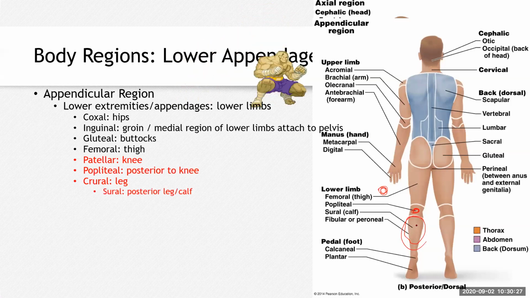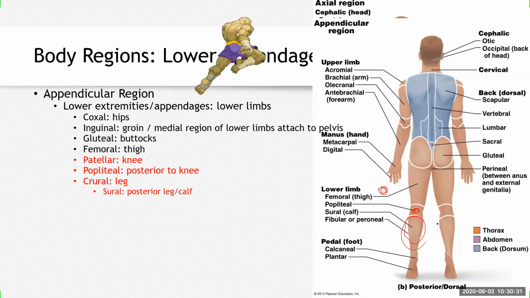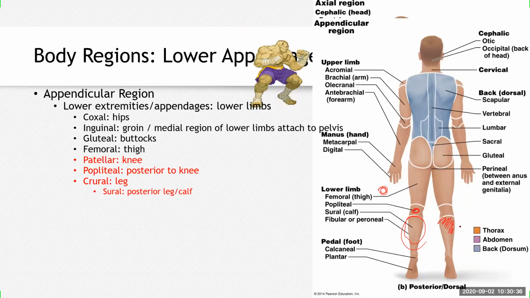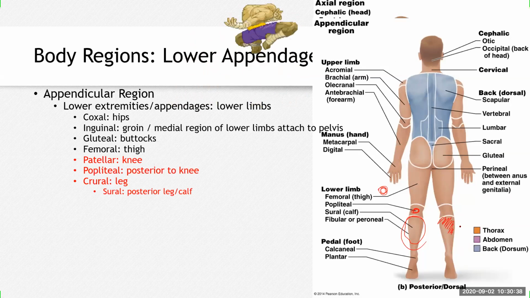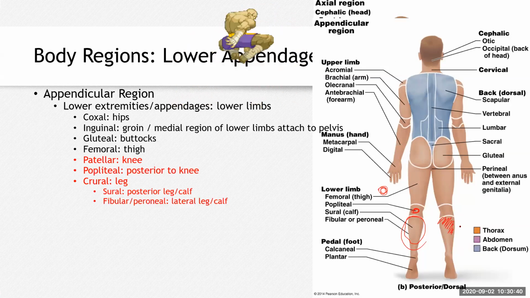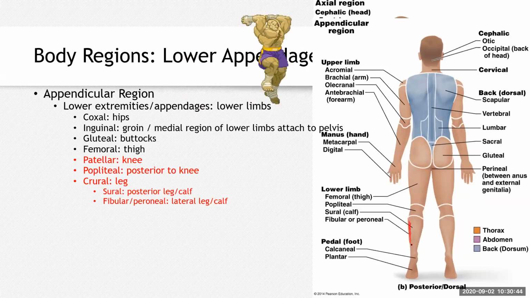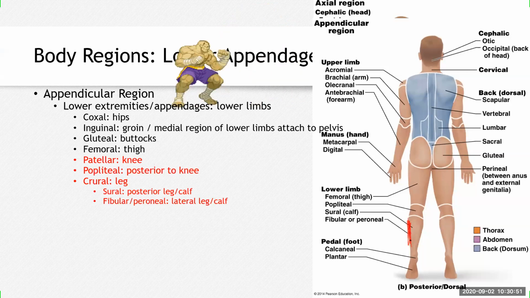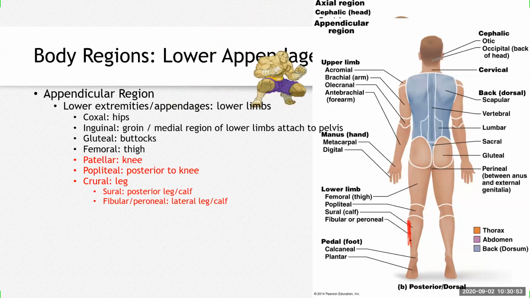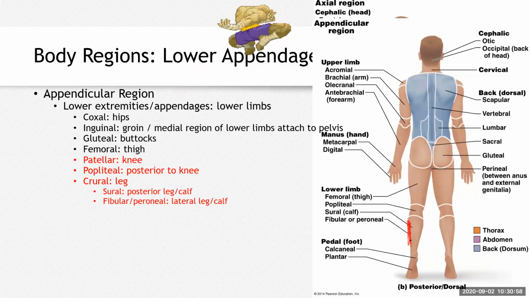But if we want to be more specific, just the posterior side of the leg, then we call it sural. If we're looking at the lateral side of the leg, then we call it the fibular or peroneal. Either one of those works. But overall, crural is the entire leg, both anterior and posterior side. Sural is specifically the posterior side.